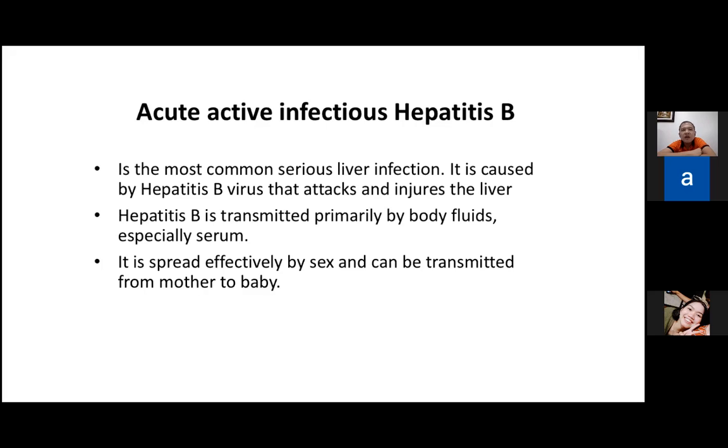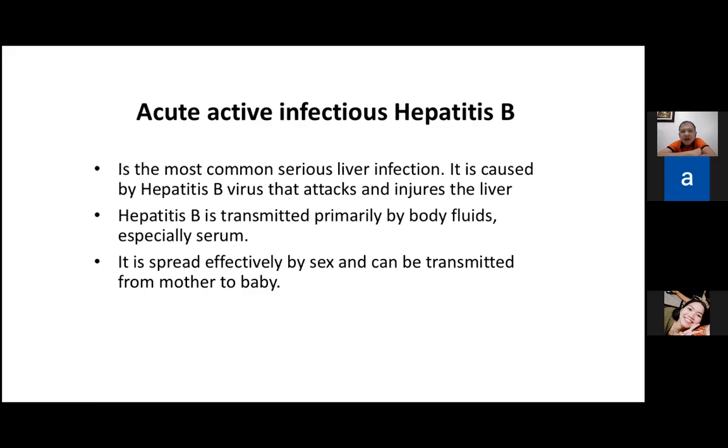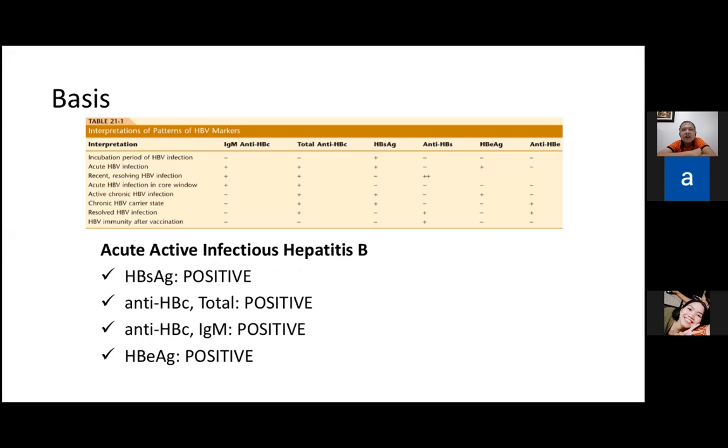Is the patient symptomatic here? In the history, was it mentioned that the patient was symptomatic? No. So you were just assuming that the patient is asymptomatic.